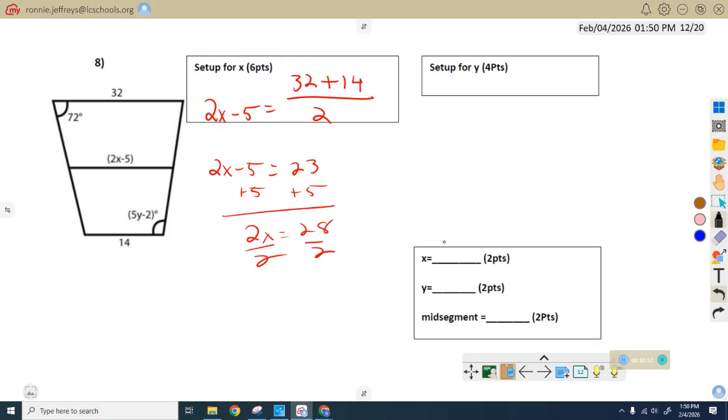All right, so x would be 14. That means this mid segment was 2 times 14 minus 5, which is 23.